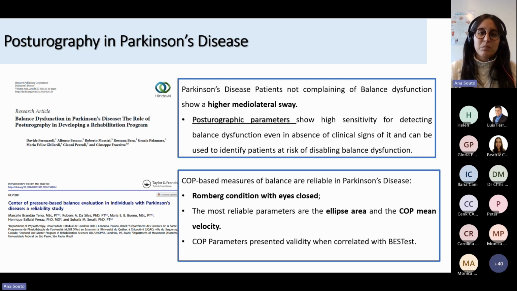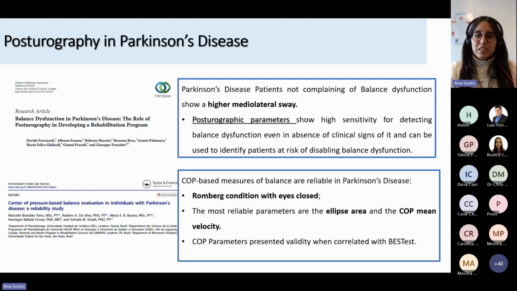Okay, the second one, and the last one for Parkinson's. The authors aim to assess test-retest reliability of 4 parameters of center of pressure in individuals with Parkinson's disease in different positions and while performing manual tasks.